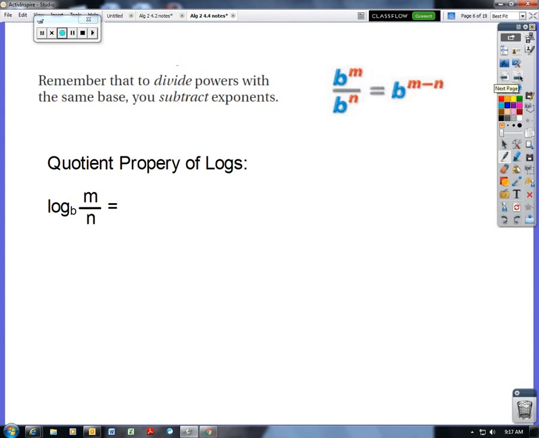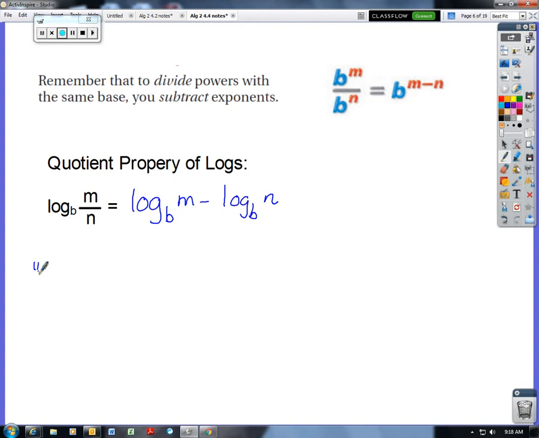Now we're going to do a second property of logarithms called the quotient property. When you do a quotient of exponentials, you subtract the exponents. When you do the log of a quotient, it'll be the difference of the logs. So we'll be subtracting as well. Log base b of m minus log base b of n.